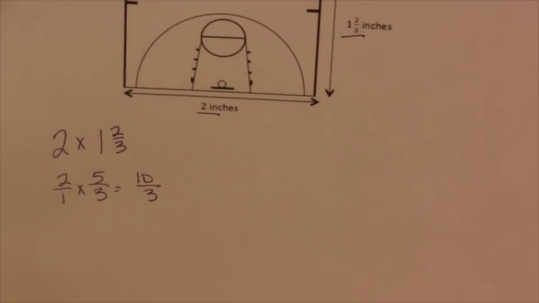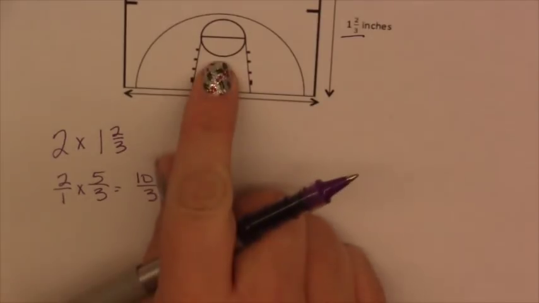So in our previous problem, we talked about the scale factor and the value of the ratios of the areas being the scale factor times itself, meaning we need to take our area of our picture and we're going to times it by the scale factor, but we're going to times it by the scale factor 2 times.